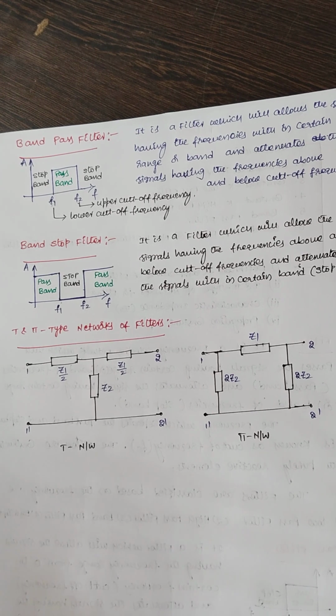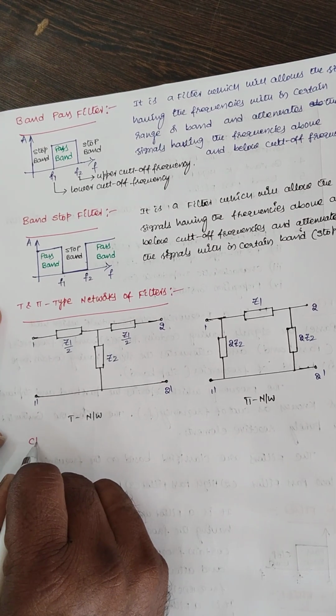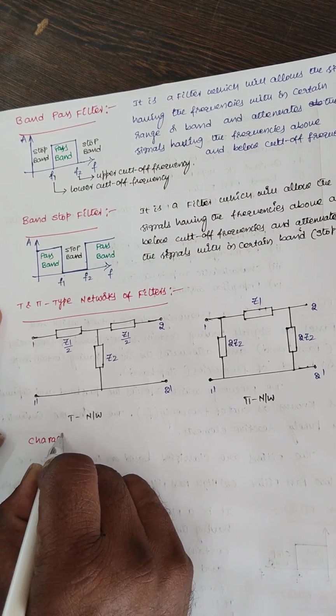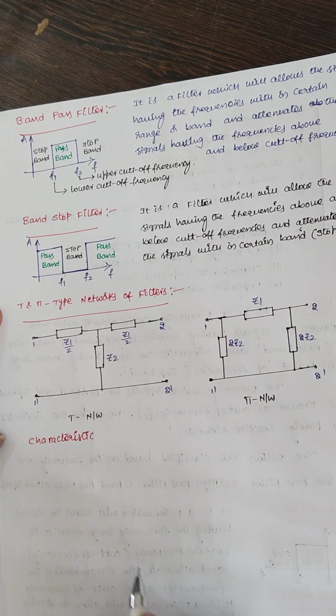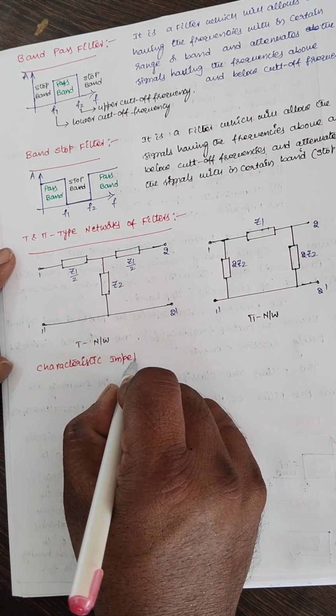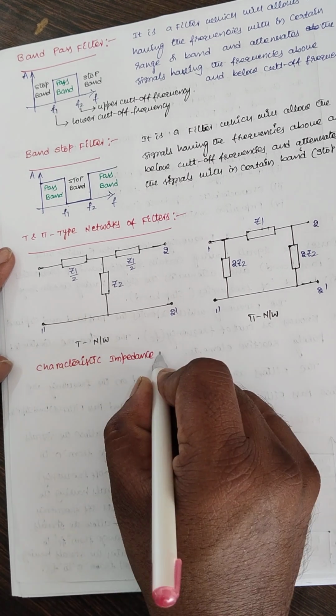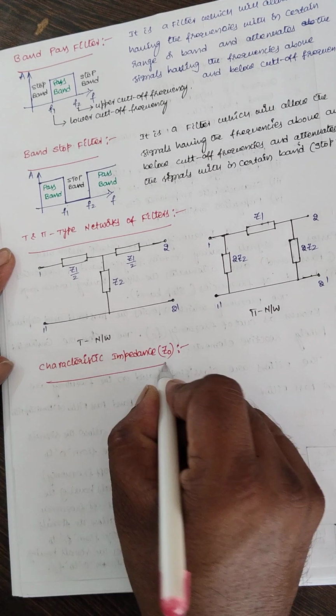The next concept here is characteristic impedance. Normally it is represented with the letter Z0.